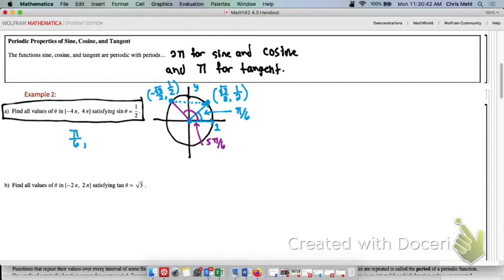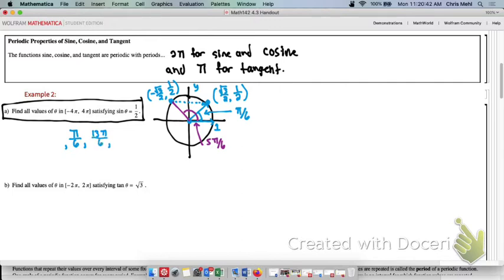I got pi over 6. And I'm just going to use the periodicity of sine to keep adding and subtracting 2 pi's to get the other angles so that sine of theta is also equal to 1/2. So you can add 2 pi once. Pi over 6 plus 2 pi, or 12 pi over 6, would be 13 pi over 6.